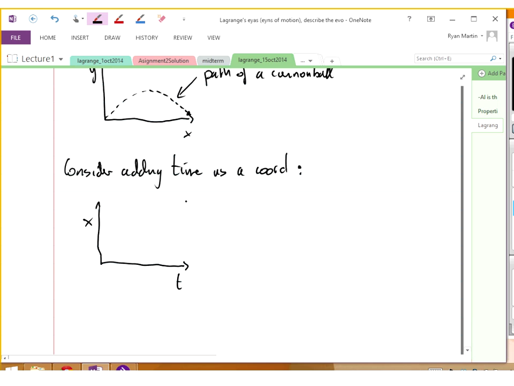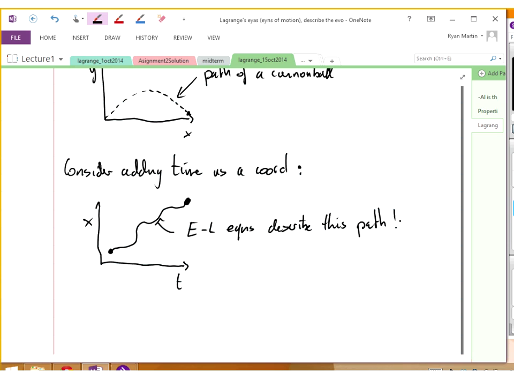Now, Lagrange's equations of motion describe the path that a system takes through space and time.